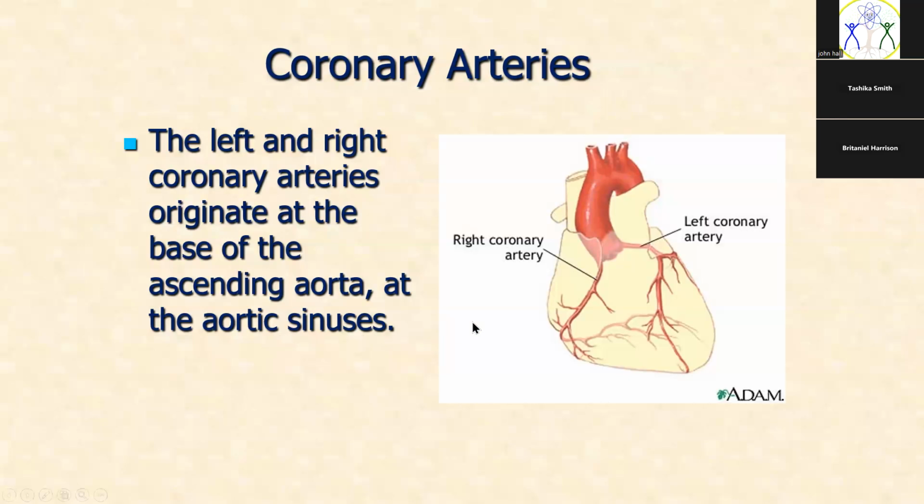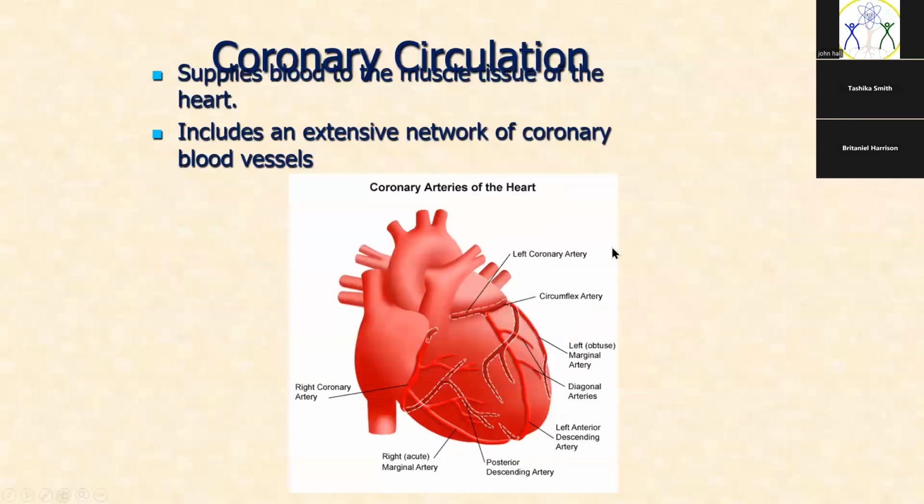Now, where do the coronary arteries begin? It mentions that the left and right coronary arteries originate at the base of the ascending aorta, at the aortic sinuses. Now, what is the ascending aorta? It is literally where the aorta leaves the ventricle.